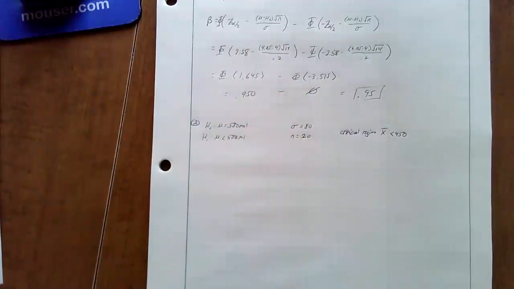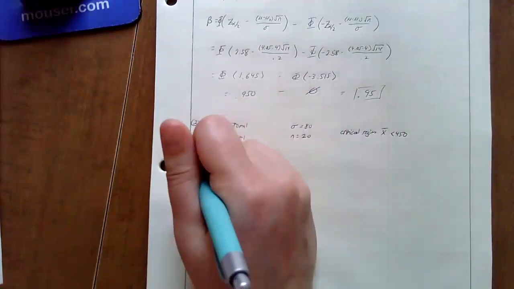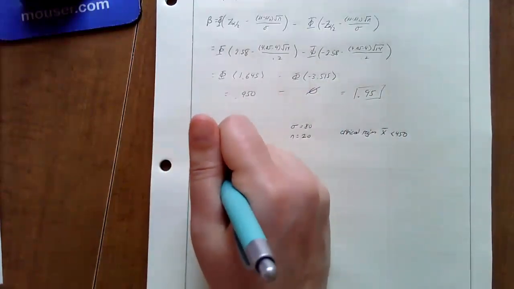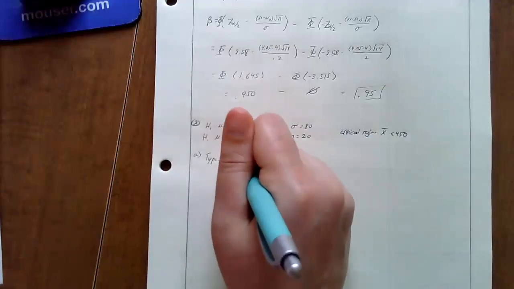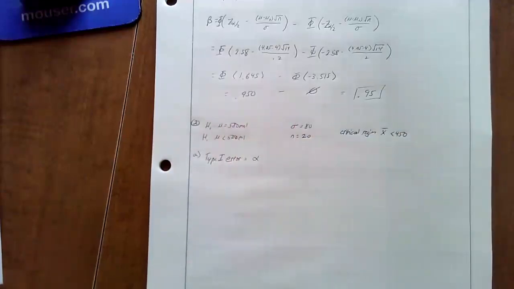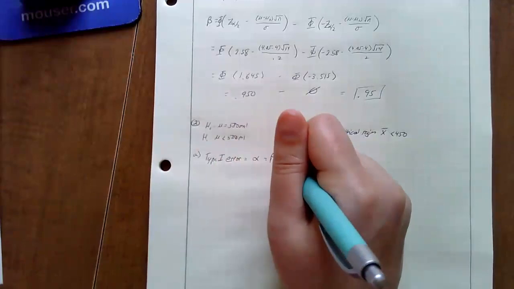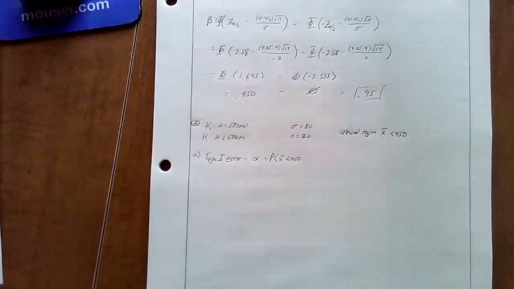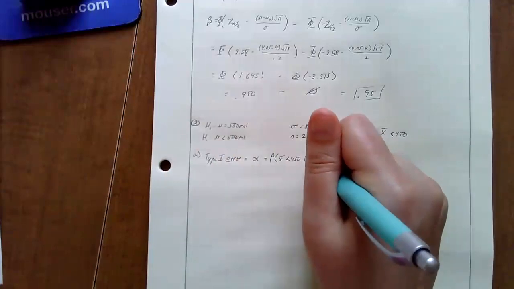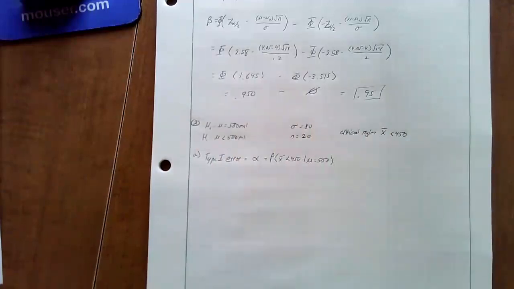So we have a hypothesized mean equal to 500 milliliters against less than 500 milliliters. The critical region for that is that the sample mean is less than 450 milliliters. First we're looking at the type 1 error using that critical region. The type 1 error is also known to us as alpha. So calculating alpha, we're calculating the probability that the sample mean is less than 450 milliliters given a population mean of 500.